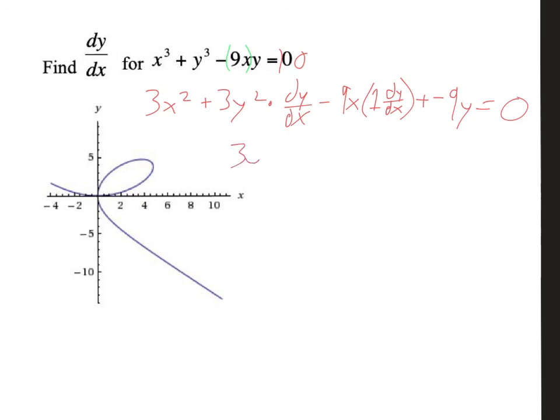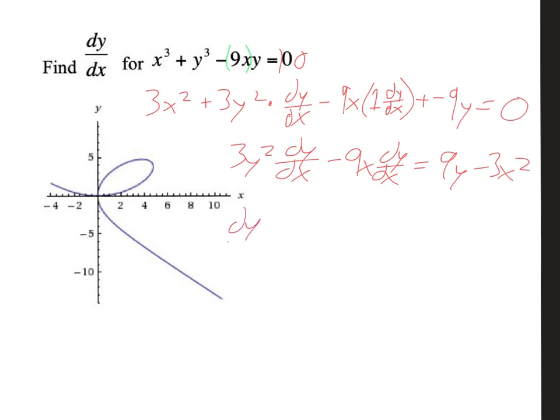So 3y squared dy dx minus 9x dy dx equals 9y minus 3x squared. And now I have these two separate dy dx's, and they're certainly not like terms. So what I can do is I can factor that out.